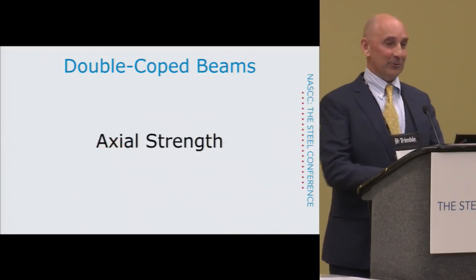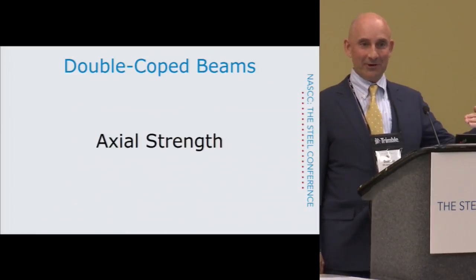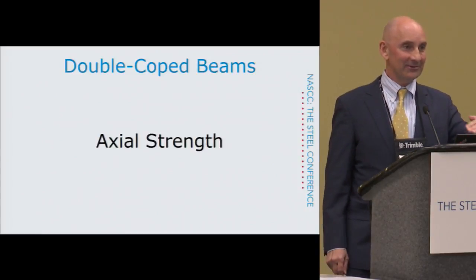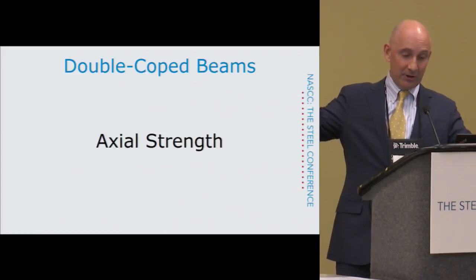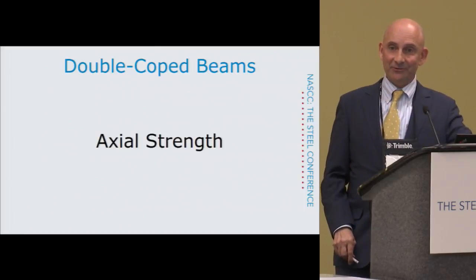All right. So once again, we're going to use that info, though. We're not quite to the end yet because we still have to talk about axial strength. We're going to use that info to go in and calculate axial strength.